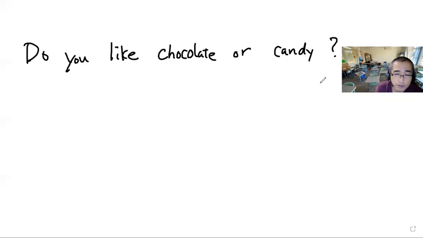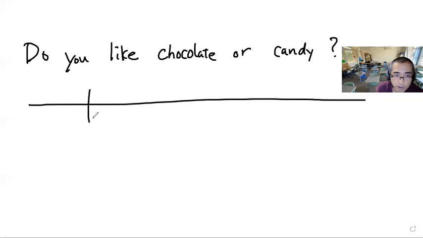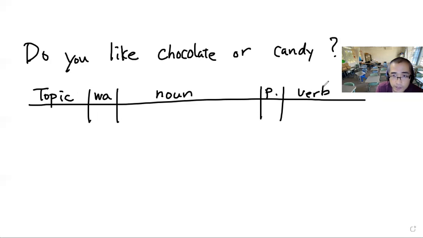If you're not sure, once again, let's start with the basic sentence structure. A Japanese sentence starts with a topic, followed by wa, followed by a noun, followed by a particle, and ending with a verb.